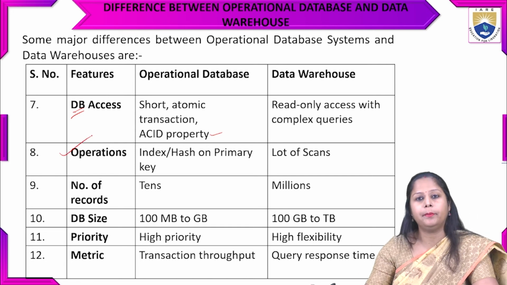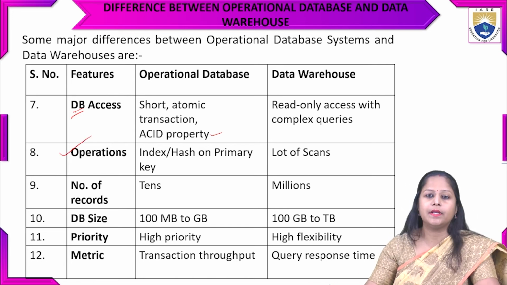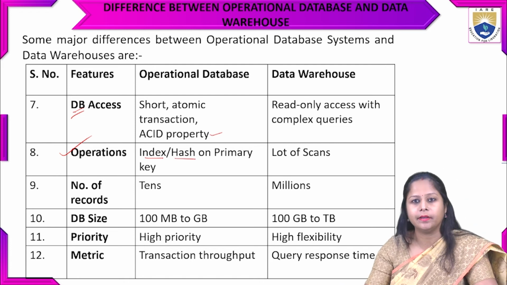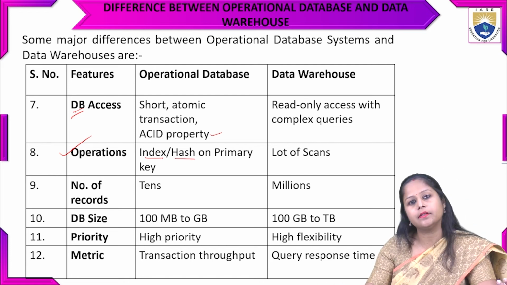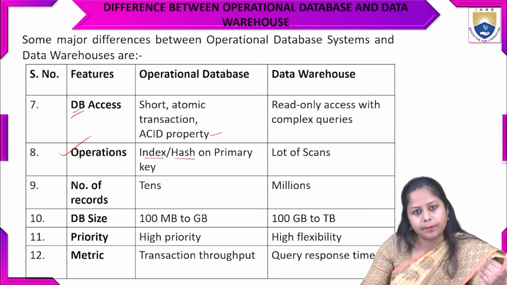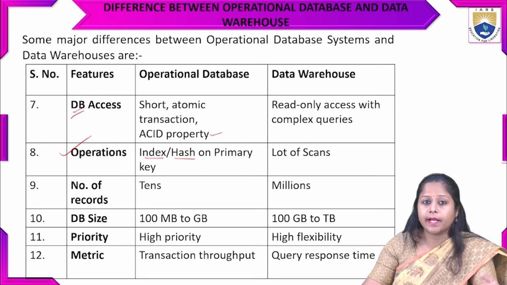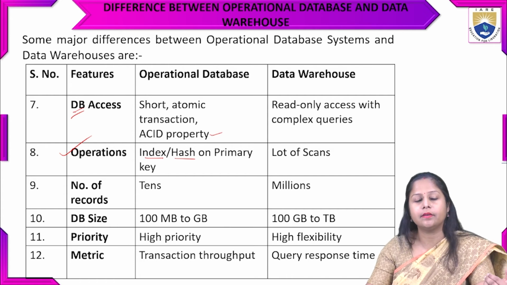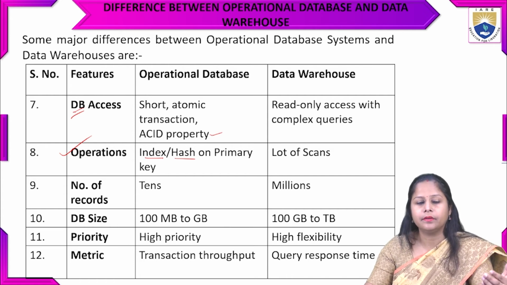In terms of operations, the operational databases have indexes and hashes on the primary key. So for the data stored in the operational database, for fetching that type of data, there will be indexing and hashing, and on that basis the executive is going to fetch the data.